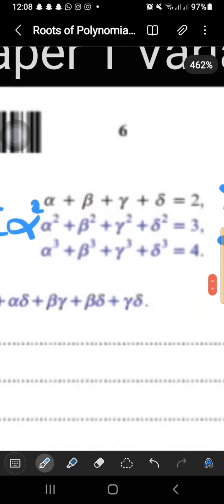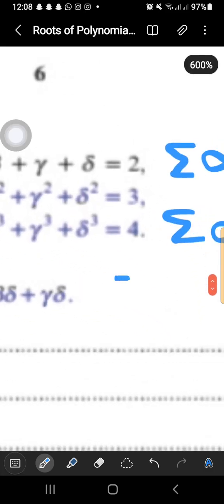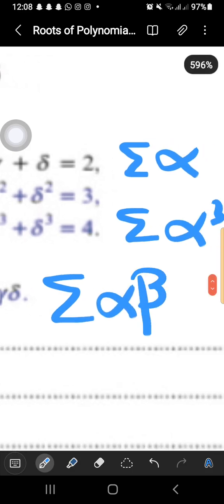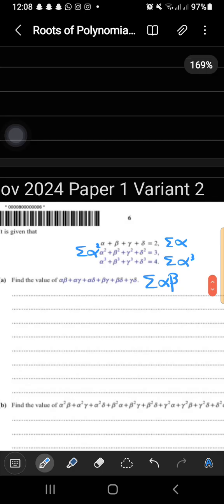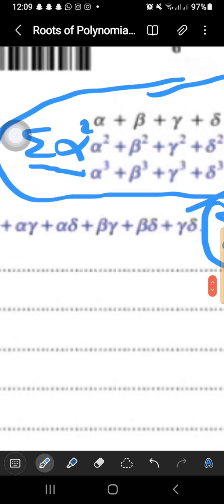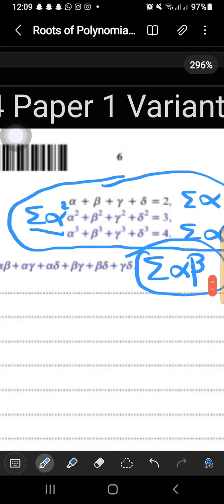We can write it as summation of alpha beta. These things are given, and we have to use these to find out this thing. To find summation of alpha beta, I will use this data and this data.